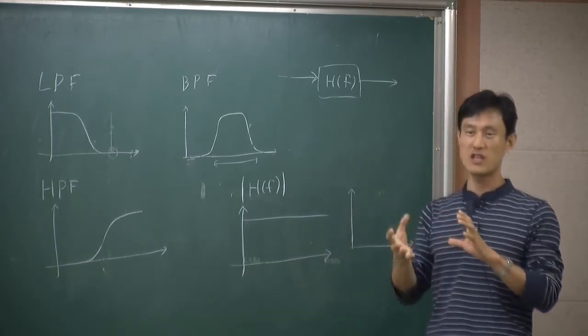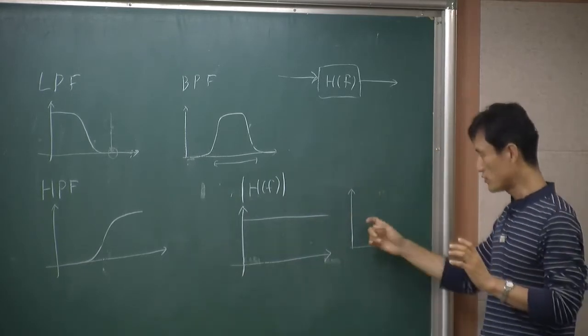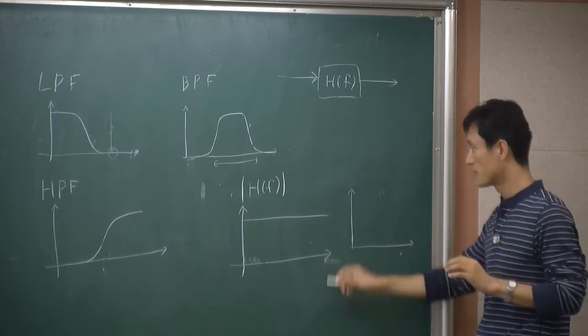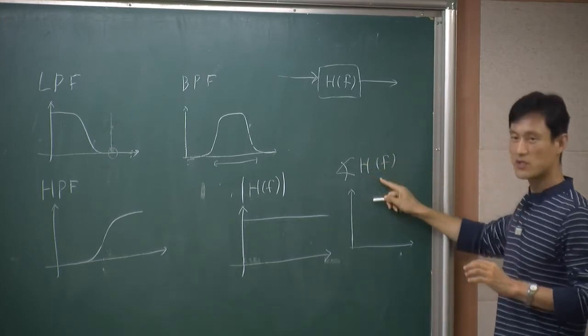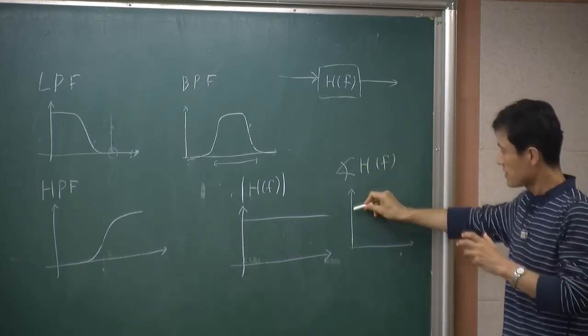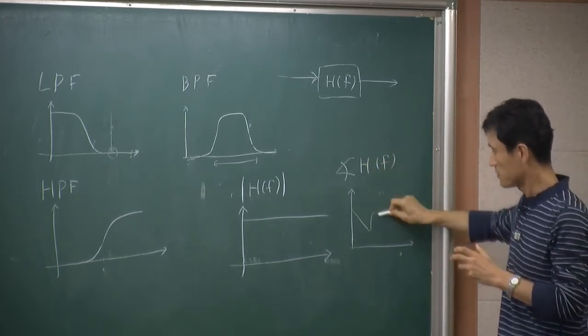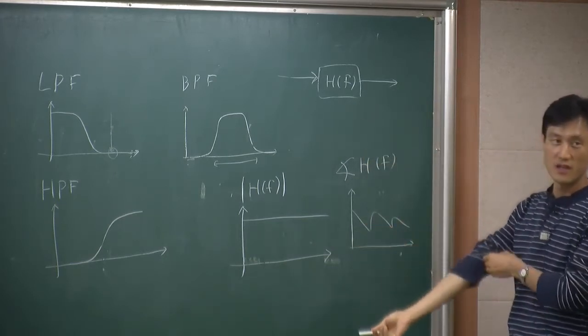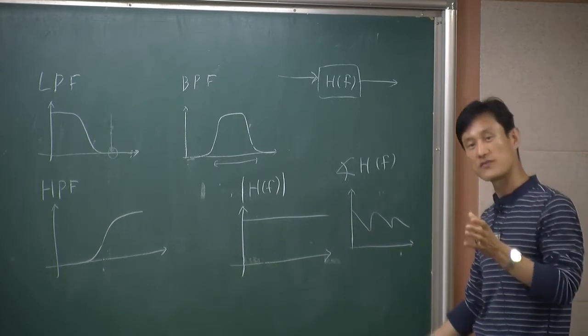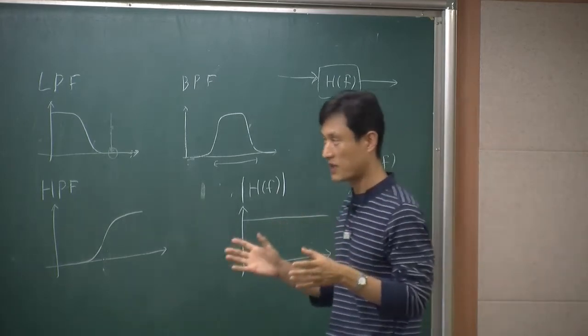When you draw the phase response, let's say like this, the phase is changed. It depends on what filter you design, but your phase is now different. That's what we call the all-pass filter.